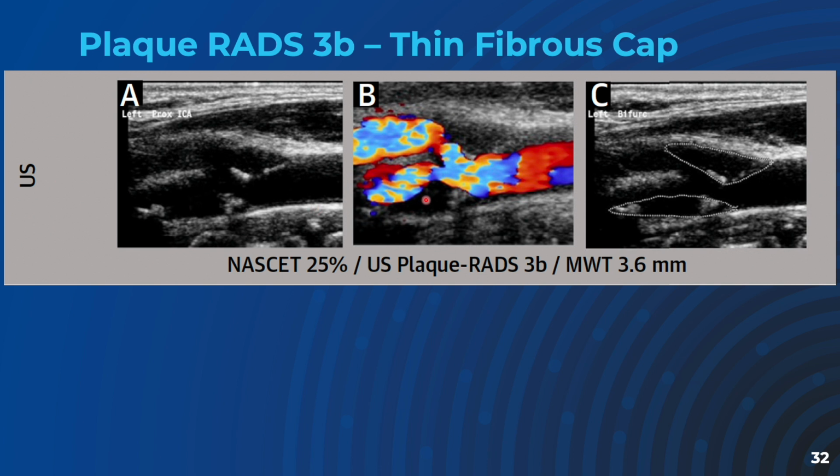It's much easier to see the silhouette of the plaque using color flow. What you can appreciate is that the JBA is really dark because the fibrous cap is so thin, it can't be visualized. And so the authors actually use an outline to show you both the anterior and posterior components of this patient's plaque.